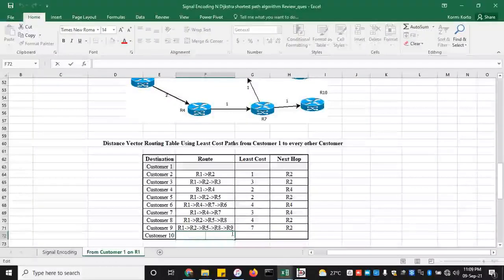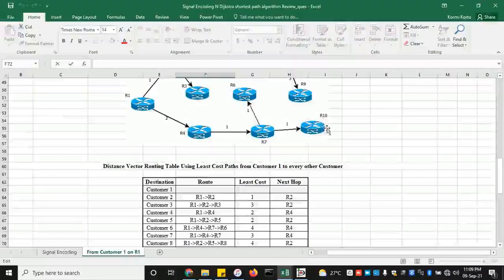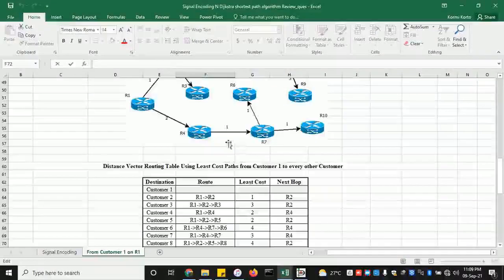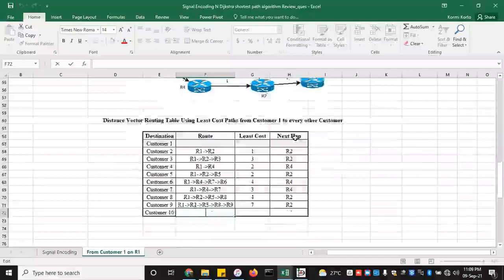And finally, customer 10 connected to router 10. It was this route that gave us the least cost, which was 4, right? 2 plus 1 plus 1, 4.